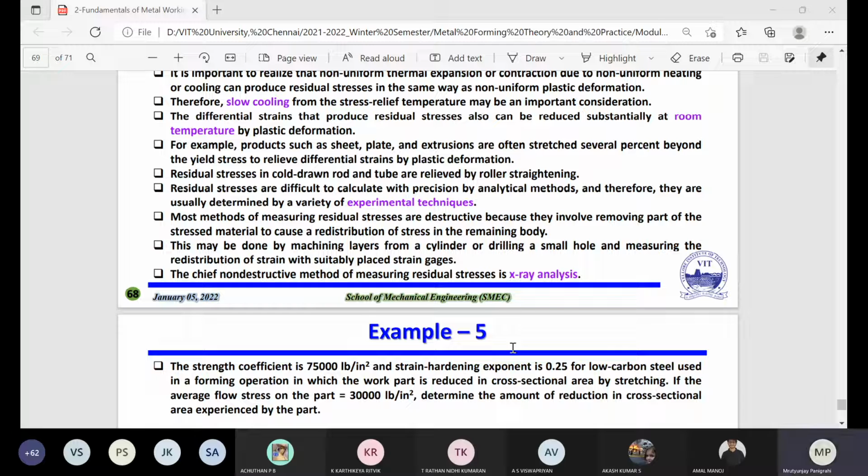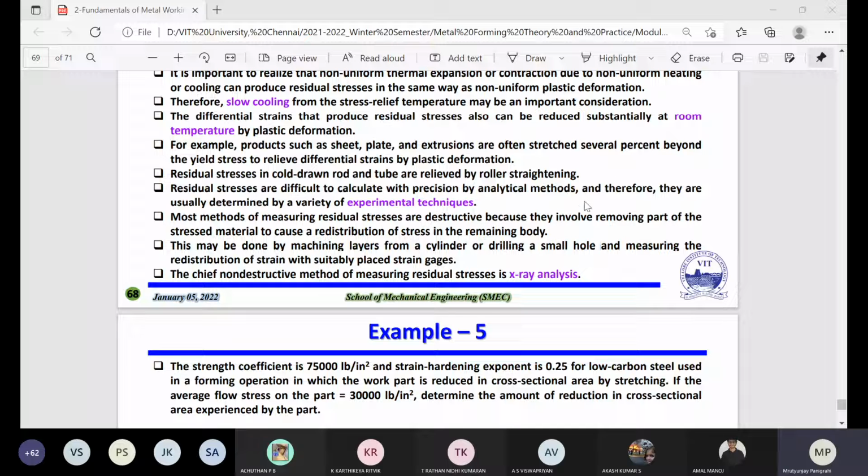Other students are getting epsilon equal to 0.0625. Adil, are you getting? Aditya? Akash? Yes, sir, it's 0.0625. Then fine. Then next part, you can start.